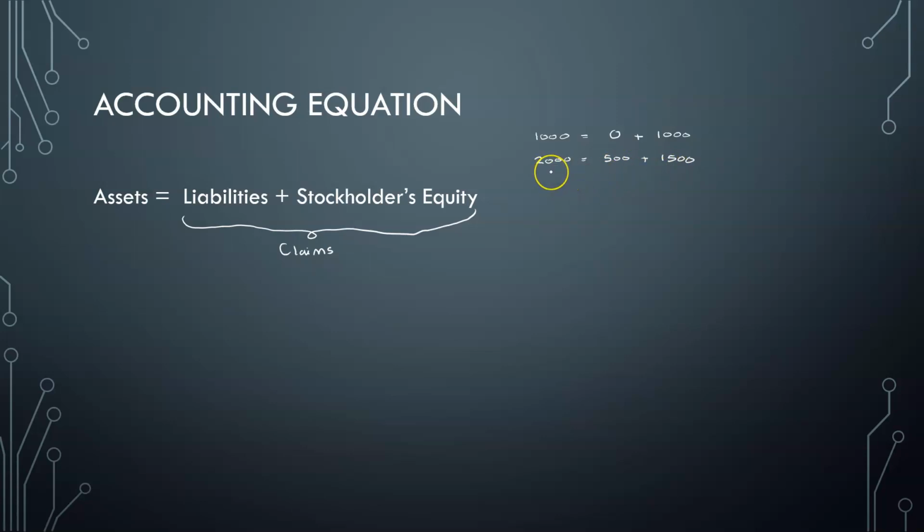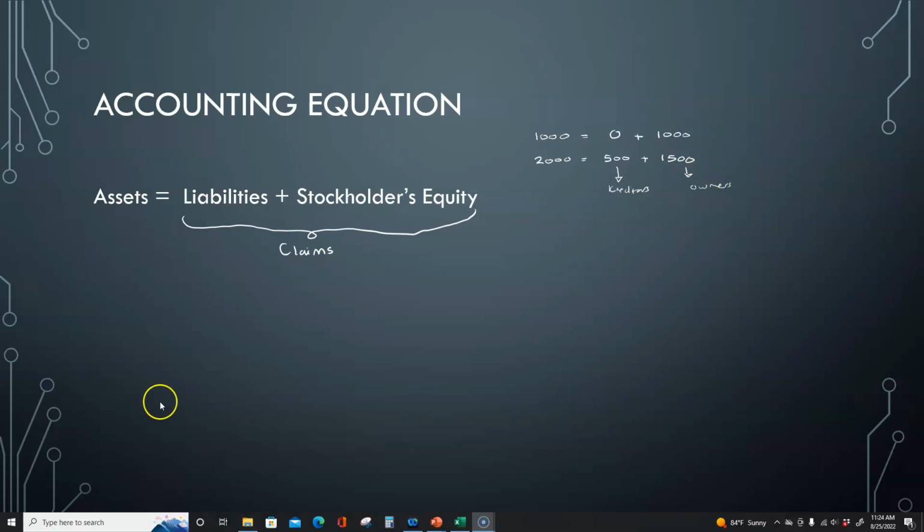The company has $2,000 worth of assets. $500 worth of those assets are owned by creditors. So $500 of this 2,000 assets belongs to creditors, and 1,500 of it belongs to the owners. That's a brief explanation of how the accounting equation works.